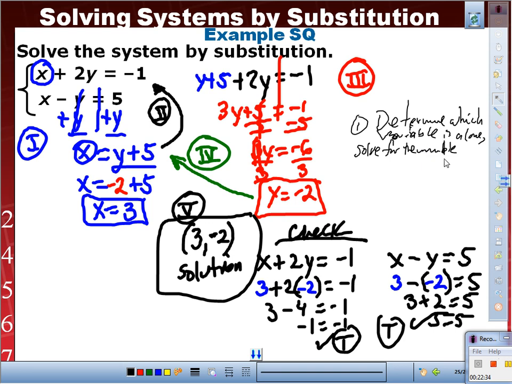The first or the second? So solve for the variable of one equation. Either one. Yeah.